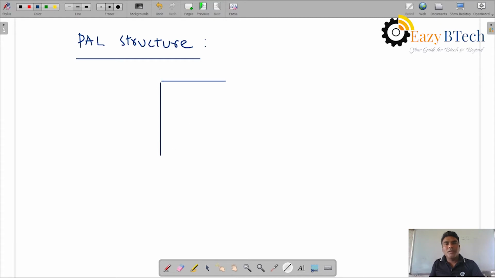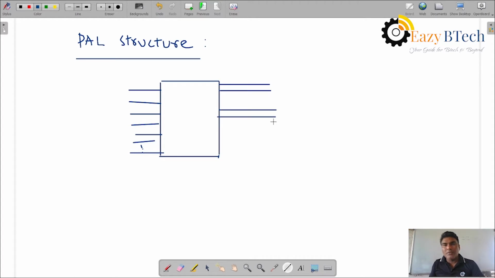This is the AND gate representation. Inputs are applied here, to the AND plane, or AND gates. The outputs are OR gates, which are fixed OR gates. Two to twenty inputs we may connect to a single OR gate.